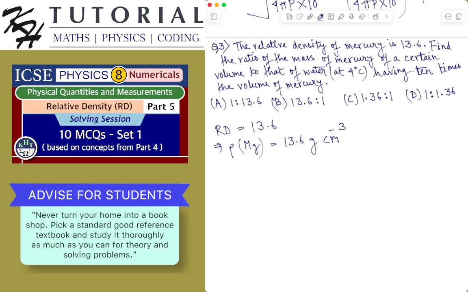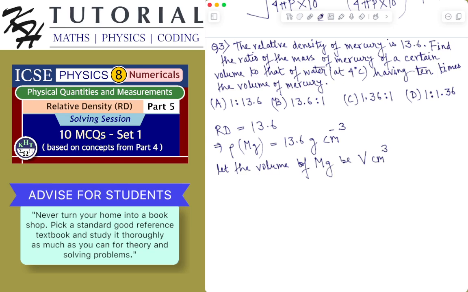Now it is asking to find the ratio of the mass of mercury of a certain volume. Nothing is mentioned about what that volume is, so let the volume of mercury be V centimeter cube.